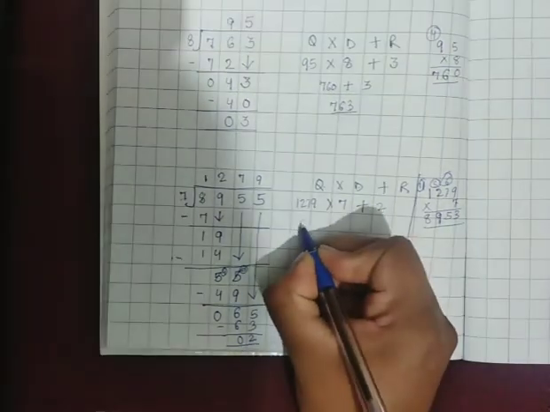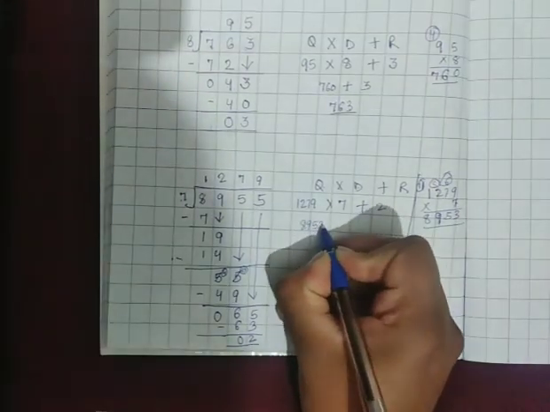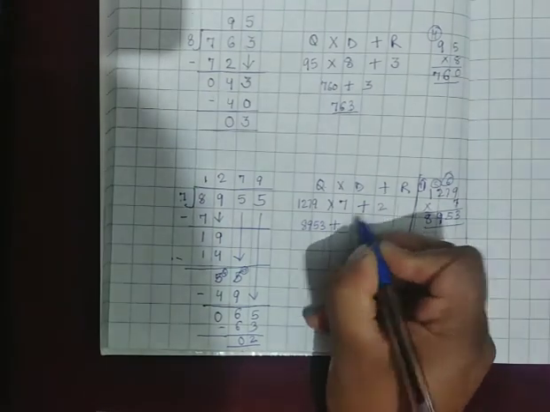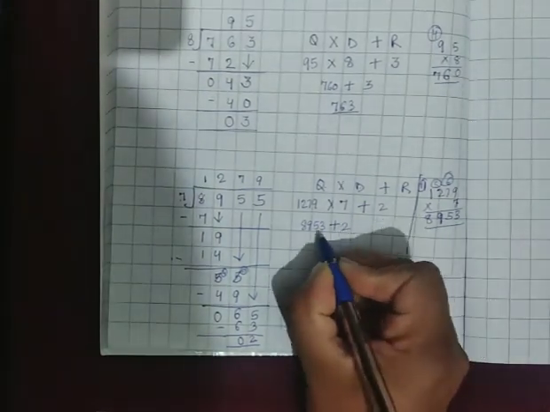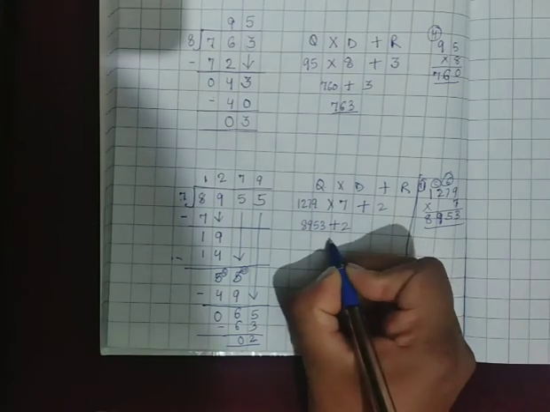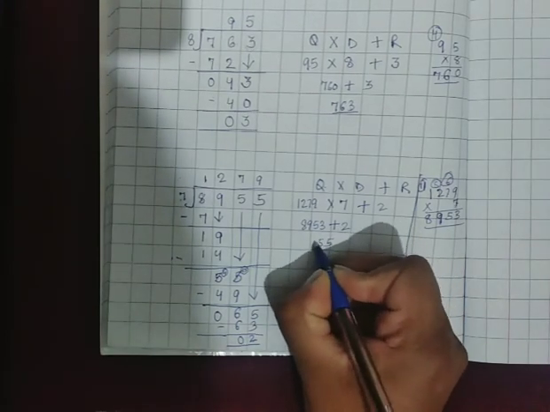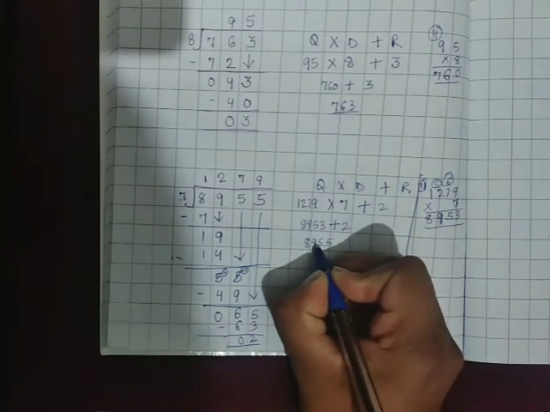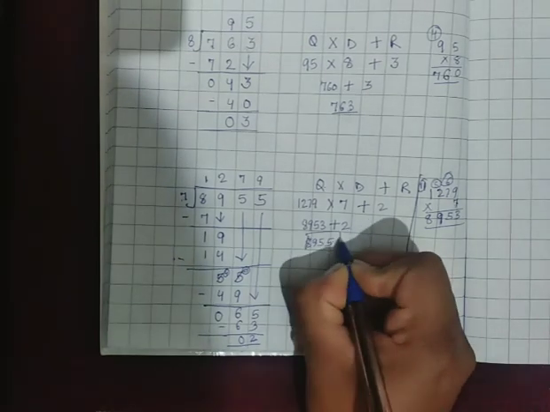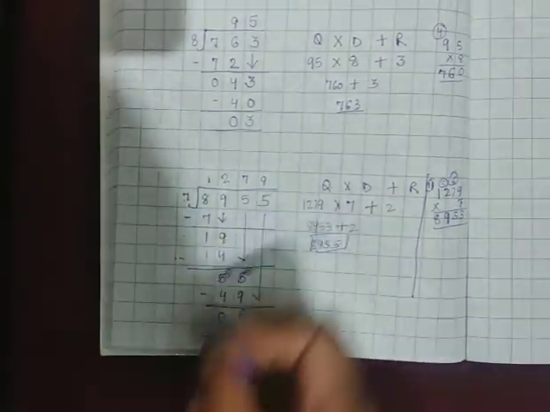So I have 8953 plus 2. So 3 plus 2 is how much? 5. I write the rest of the numbers, and 8955 is my answer over here.